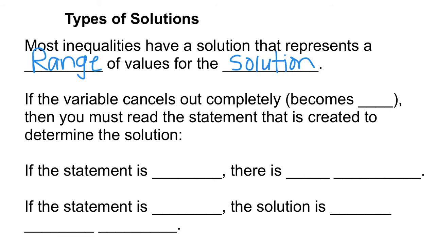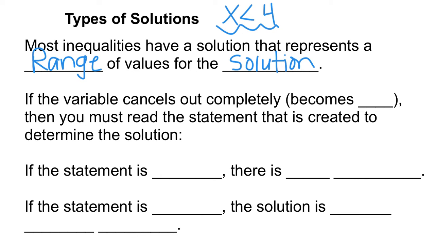So, and don't write this part down, but just think about this. If I gave you this as the answer to your inequality, x is less than 4. This symbol means less than, we know that. But that answer as the solution tells me that x can be any number that is less than 4.